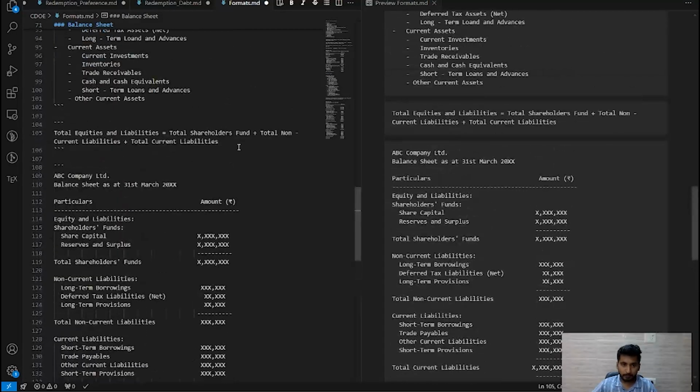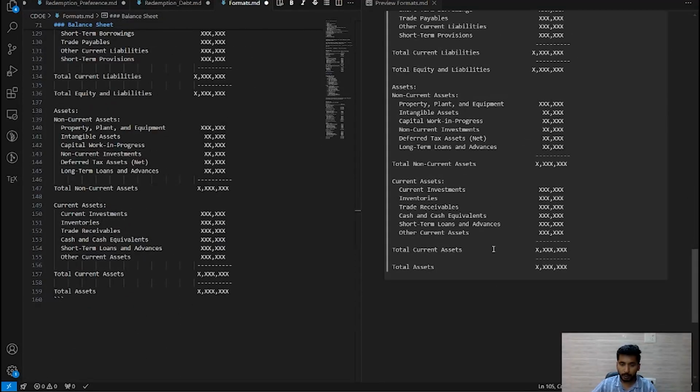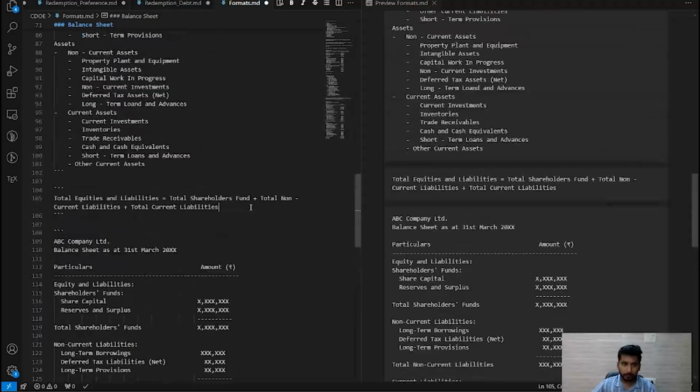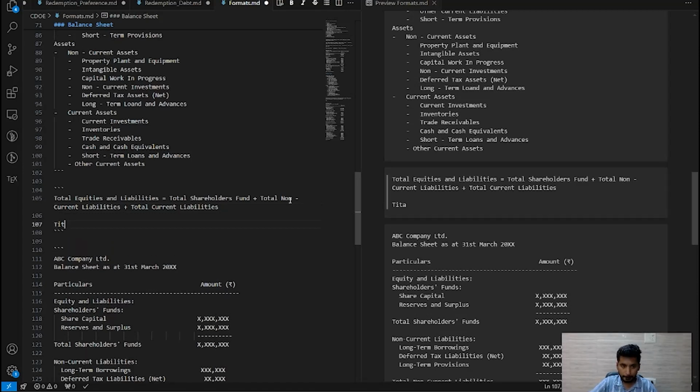And similarly, total assets is the sum of total non-current assets plus total current assets.